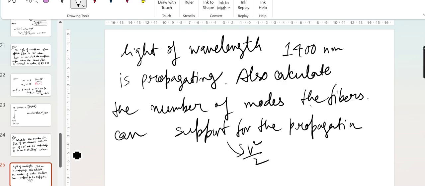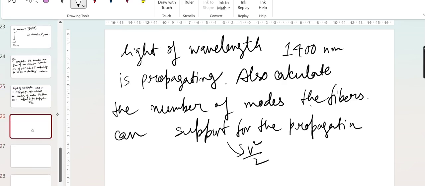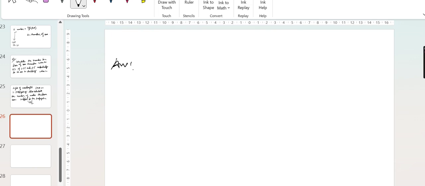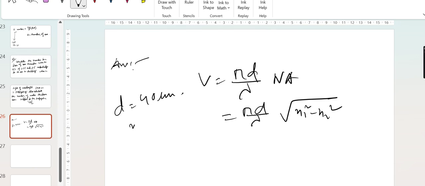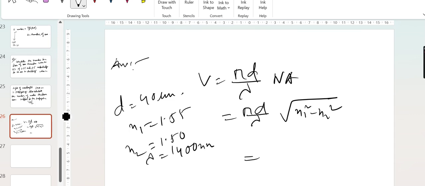So that is basically V squared by 2. And how we came to that value, that's another kind of practical. So V is equal to pi d by lambda into NA, so pi d by lambda into the square root of N1 square minus N2 square. D is 40 micrometer, N1 is 1.55, N2 is 1.5, lambda is 1400 nanometer. When we put in these values it comes to 35.05.